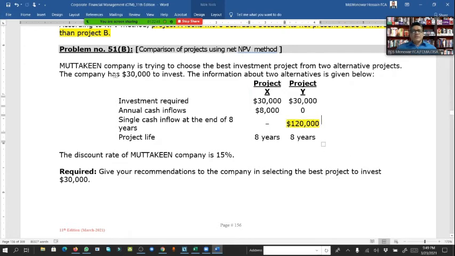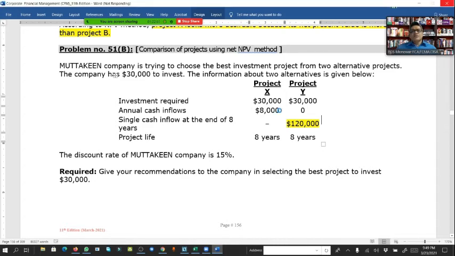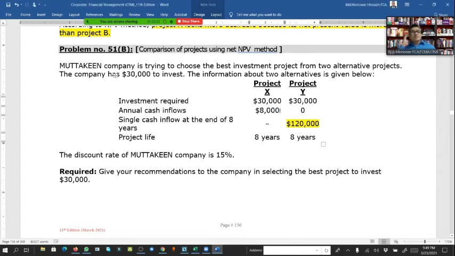After 8 years you will get 1,20,000. But for project X, an annual cash inflow of 8,000 will come every year for 8 years. Life is 8 years for both. The discount rate is 15%.